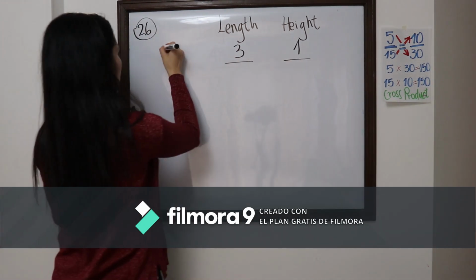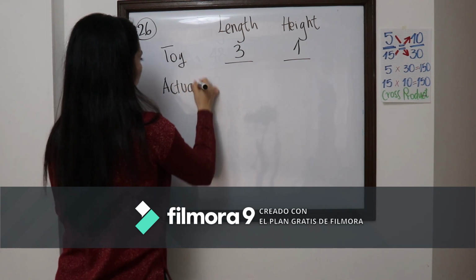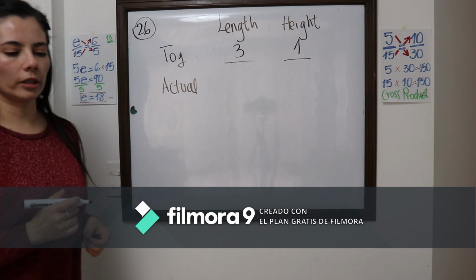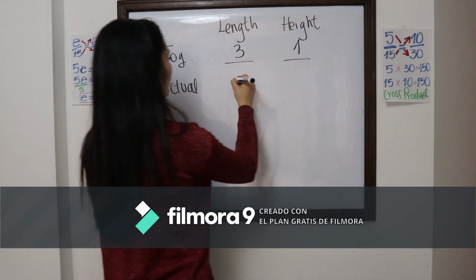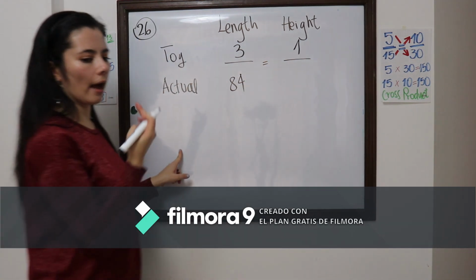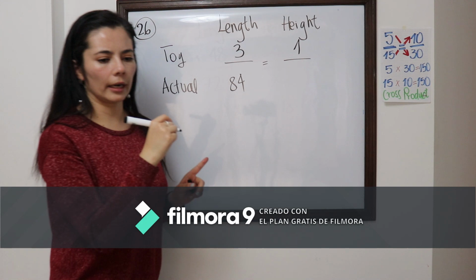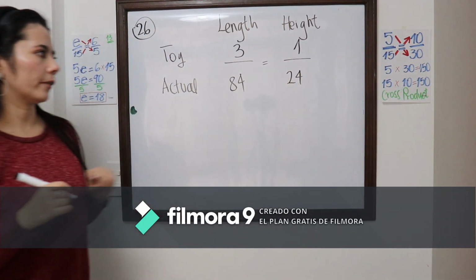So I can say the toy is going to be here. And then I can think about the actual measurements of the dinosaur. And so if we go back to the chart, we're going to have 84 for the length, and then we're going to have, sorry, I need to check, 24. Since I have the chart too far away from me.